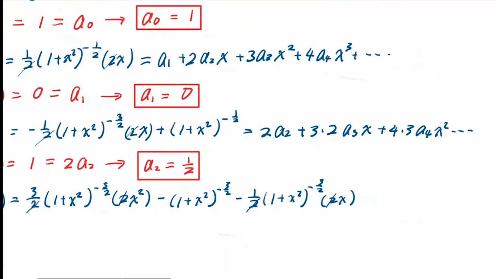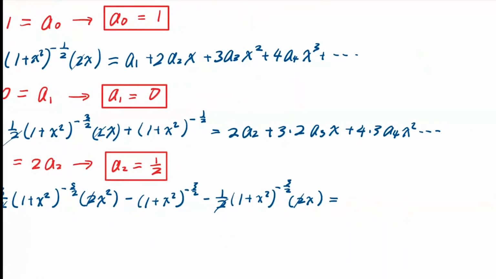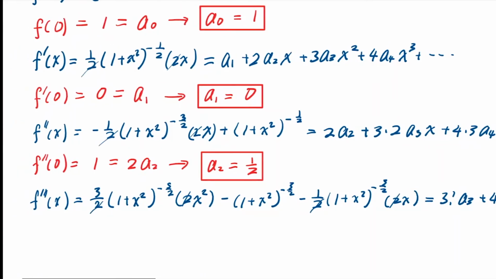Okay, and the right-hand side becomes 3 factorial a3 plus 4 times 3 times 2 a4 x, dot dot dot. Okay, we substitute 0.